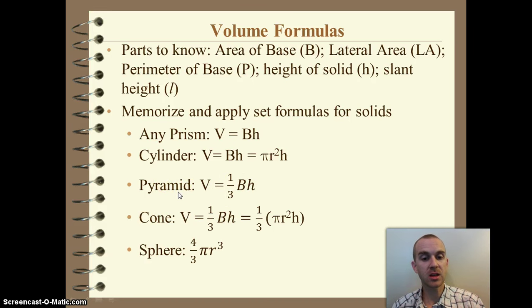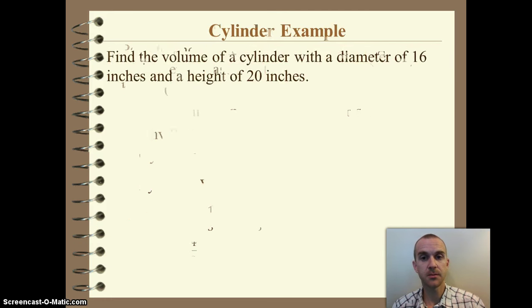However, a pyramid could be any shape, whereas a cone is a circle, so we know the area of the circle would have to be pi r squared. That's the only difference between pyramids and cones, and then between prisms and cylinders, is just we know that specific shape to be a circle. A sphere is 4/3 pi r cubed. So these are common formulas you should know and should memorize.